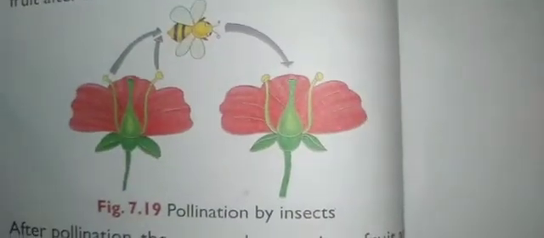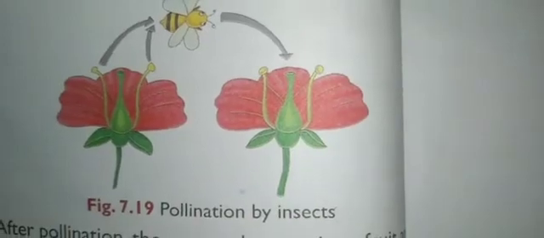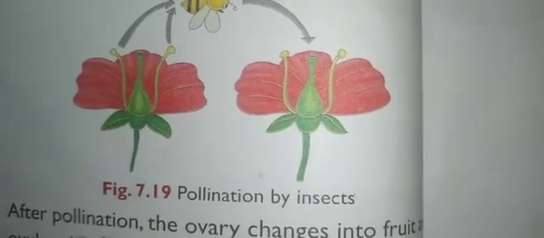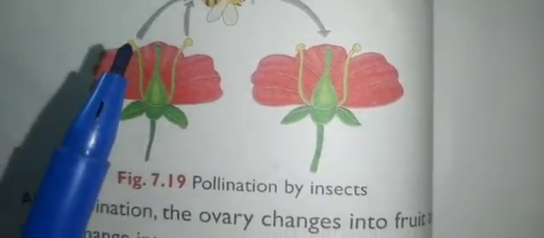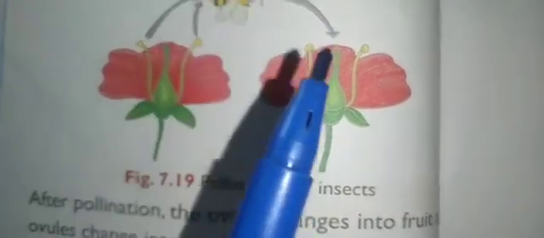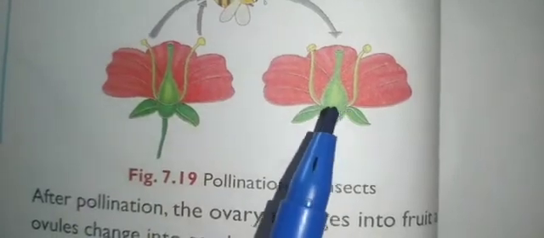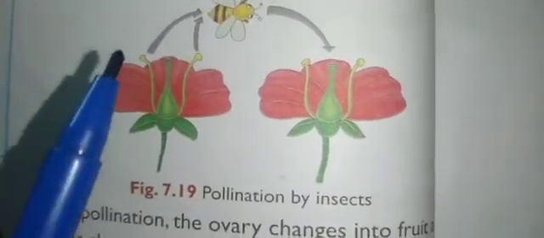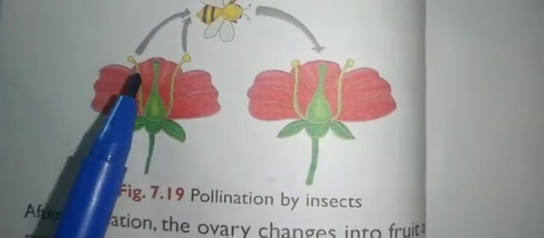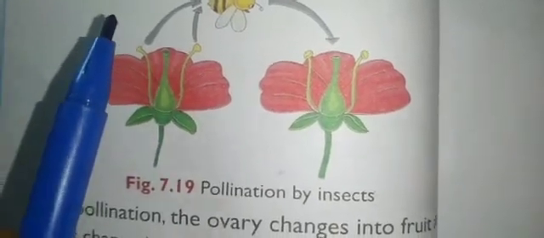Next is pollination. What is pollination? You have studied that the pollen grains are present in the stamen, right? So this is the female reproductive part of the flower. Pollination means transfer of pollen grains from the anther to the stigma of a flower.